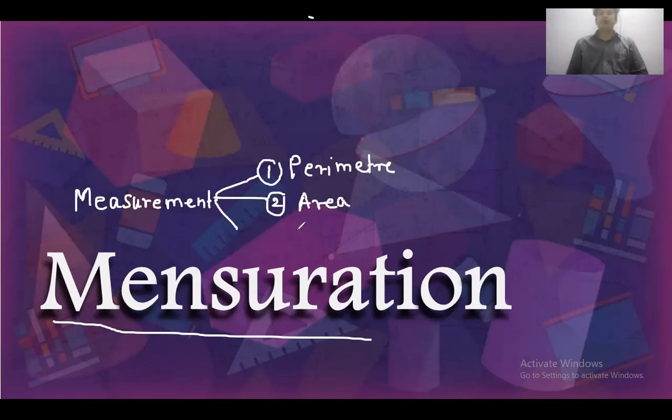And the third quantity is volume. Whenever we have a two-dimensional object, we will have perimeter and area. And for a three-dimensional object, we will have area and volume. That means we will not find perimeter for a three-dimensional object, because it is not applicable.